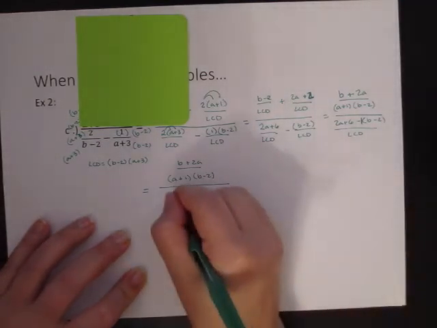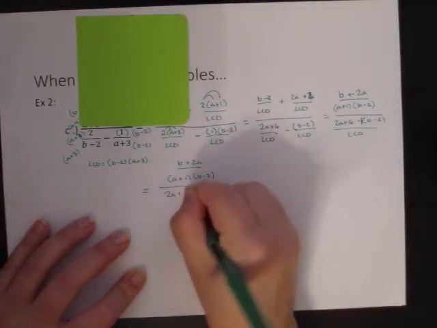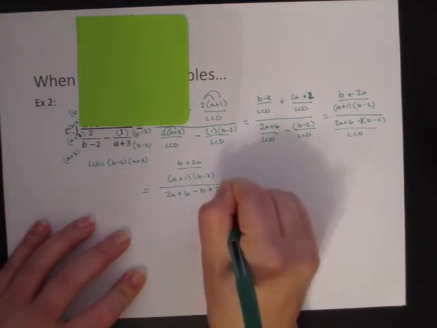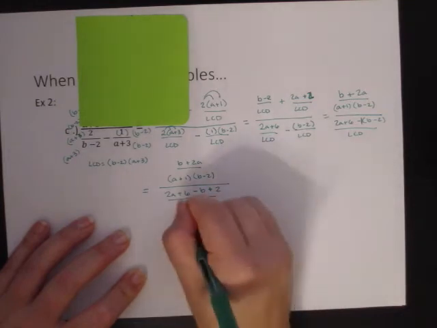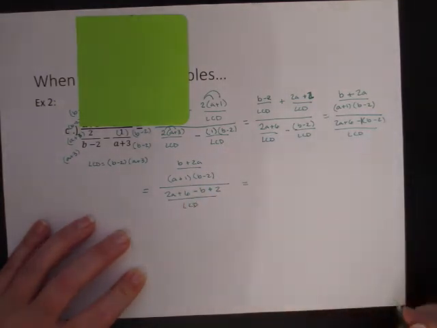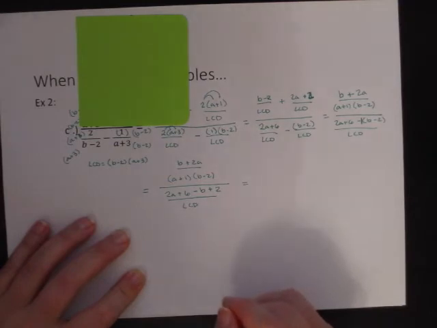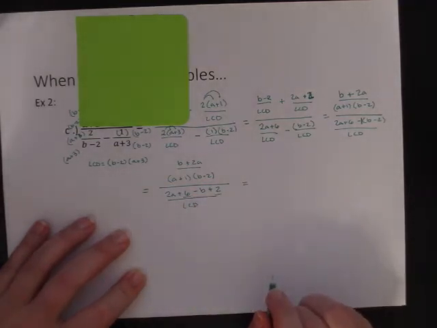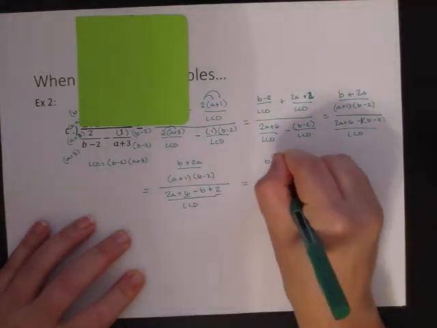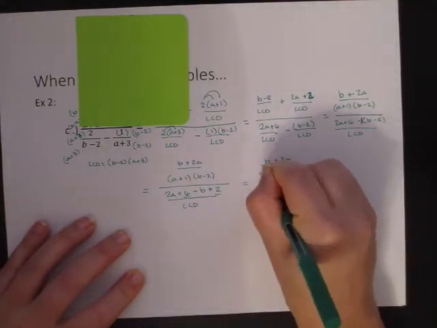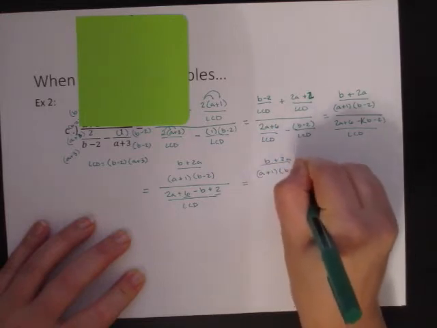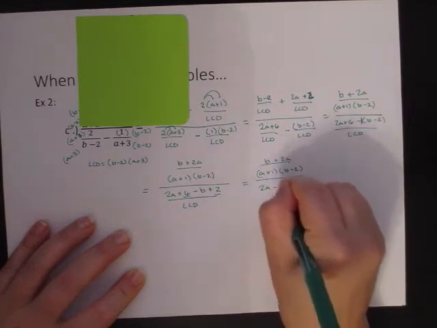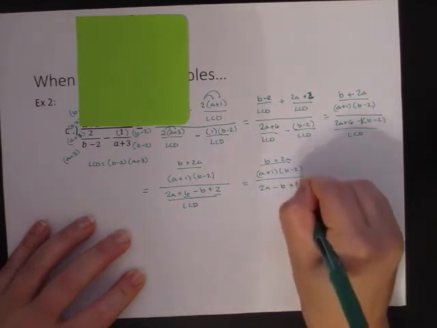Okay, when I distribute the negative 1, I'm going to be left with 2a plus 6 minus b, plus 2 over my LCD. And what I notice is I can combine some like terms, the 6 and the 2. So when I combine those, I'm going to be left with b plus 2a over a plus 1 times b minus 2, over 2a minus b plus 8.